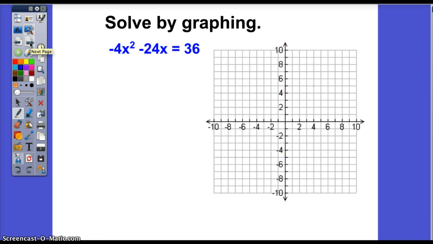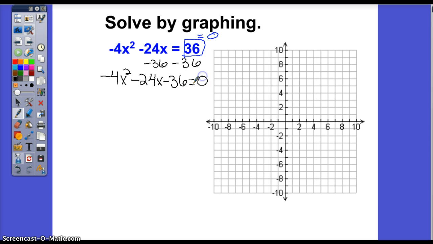Now this one here, notice it equals 36. We need it to equal 0. How could I do that? Oh, pretty simple. I can use my inverse operation. If I subtract 36 from both sides, then I have negative 4x squared minus 24x minus 36 all equals 0.